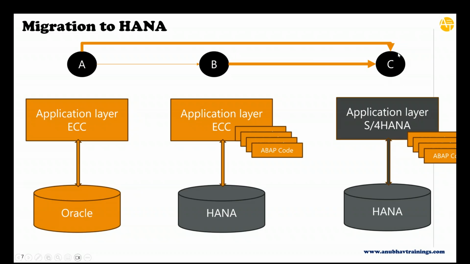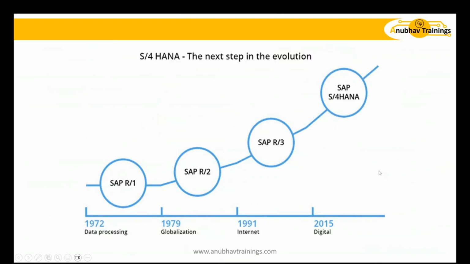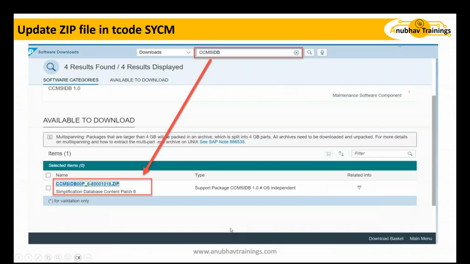Ultimately on the C system is where you have to perform these checks. So let us go ahead and see this in action, how to perform these checks in the SAP system in C, where we will check for S4HANA. I'm going to switch over and show you what we need to do.